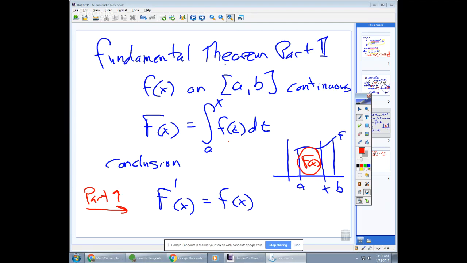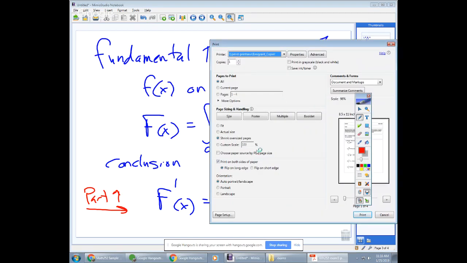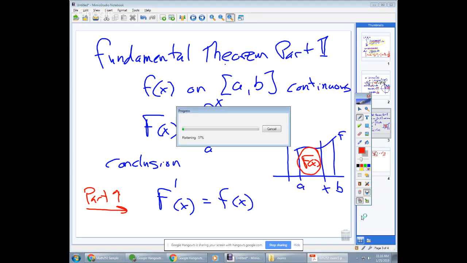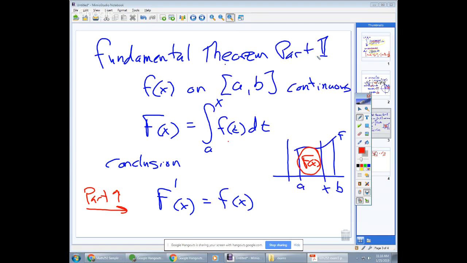Okay, it's going to pop up on the printer right now. There should be 4 pages with stuff on each side, and hopefully plenty of room for you to write stuff. Have fun.